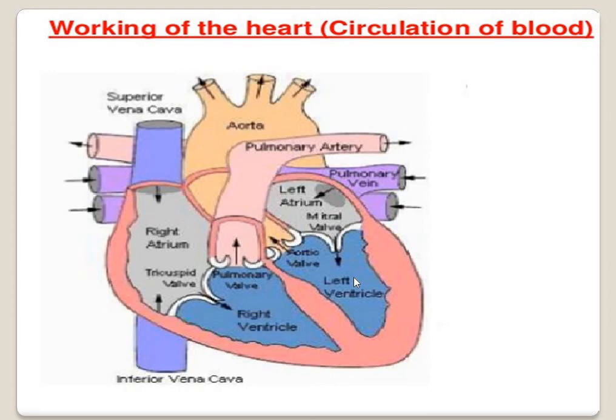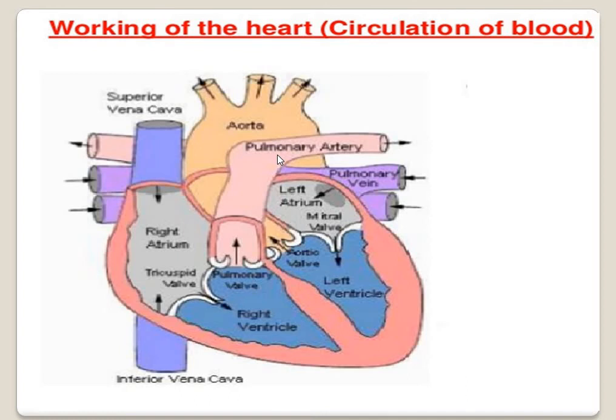Oxygenated blood from the left ventricle is passed to the body via the aorta, as it is shown here in yellow, the largest artery, and the deoxygenated blood from the right ventricle is passed to the lungs for oxygenation via the pulmonary aorta or pulmonary artery, which later divides.